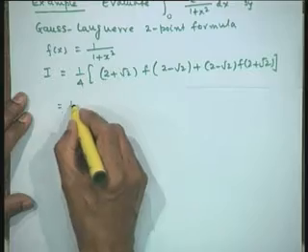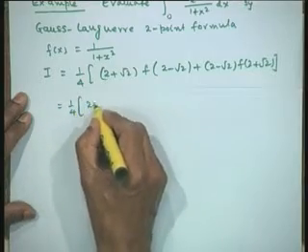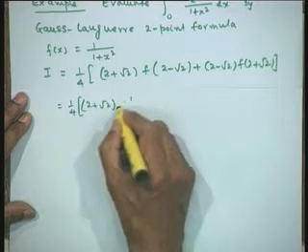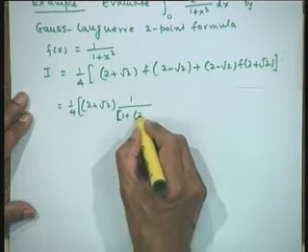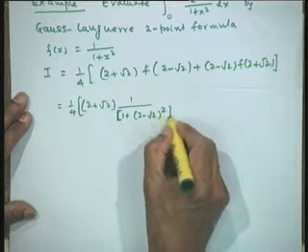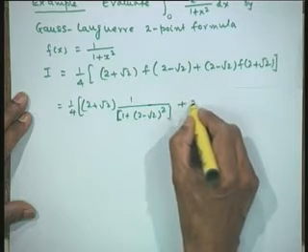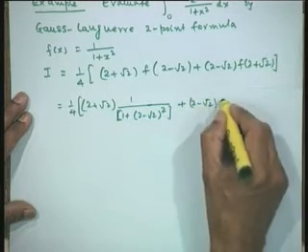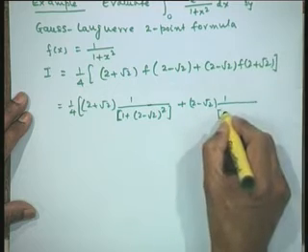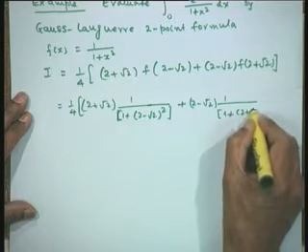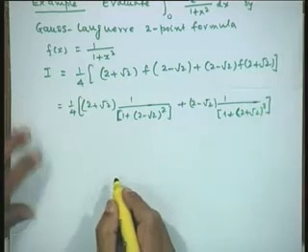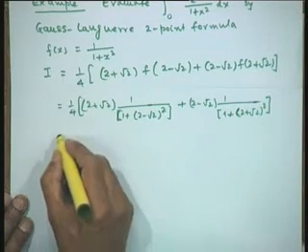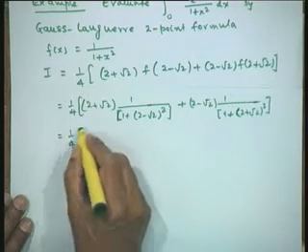So, what we would therefore have is 1 upon 4 times [(2 plus root 2) times 1 upon 1 plus (2 minus root 2) whole square, plus (2 minus root 2) into 1 upon 1 plus (2 plus root 2) whole square]. We just simplify this.